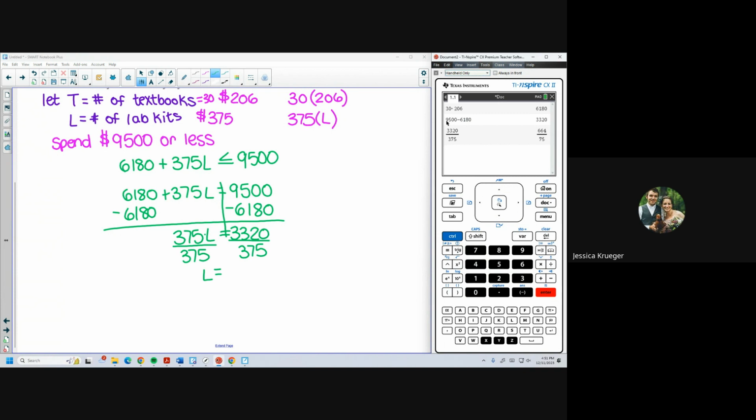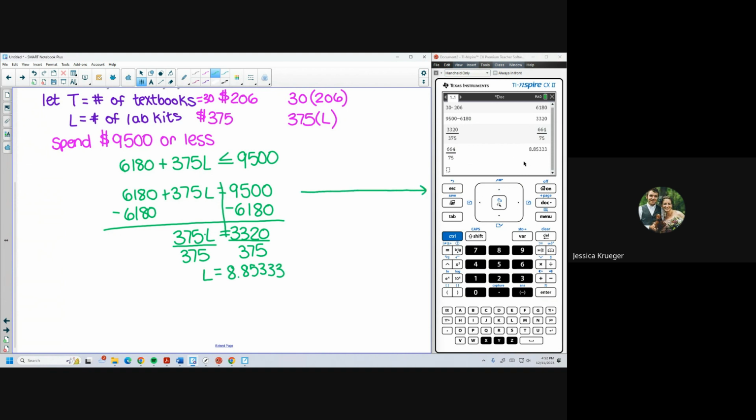And this has come up for a lot of you. The way that you would change this back to a decimal is you would highlight it, hit enter to bring it down. And then if you hit control enter, it will give you a decimal approximation. So the number of lab kits I can buy is 8.85333. So that's my boundary point.